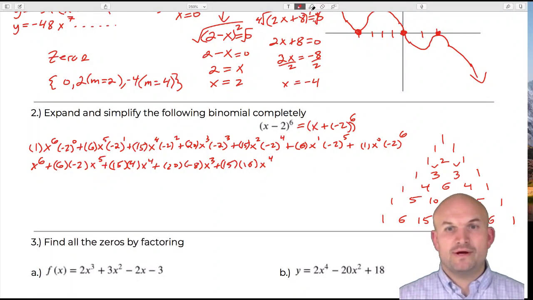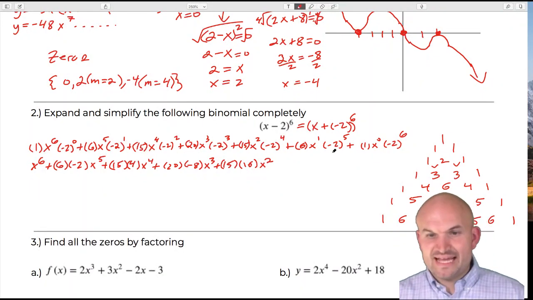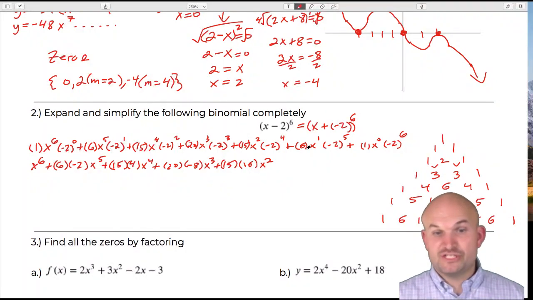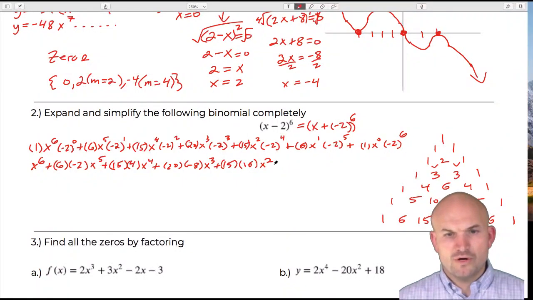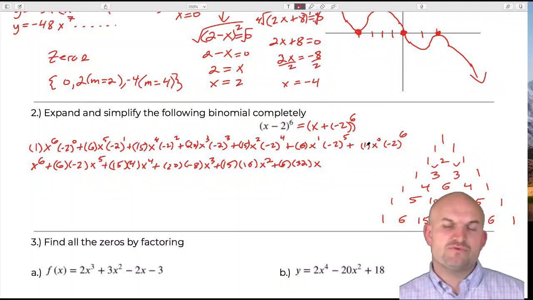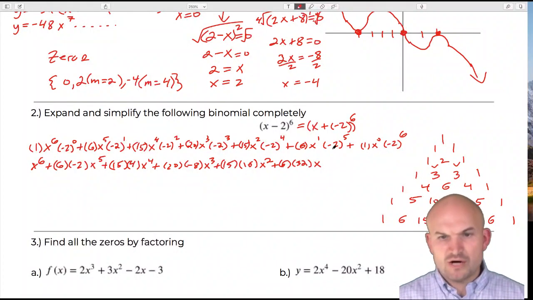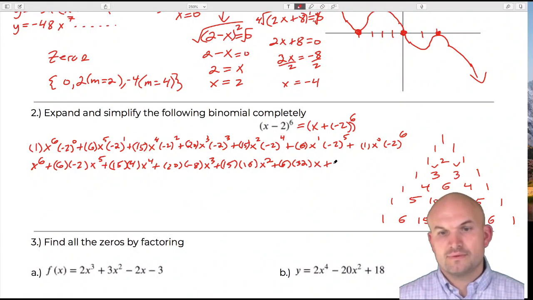That's supposed to be an x squared. Okay. Then we have -2 to the 5th, which is going to be 32. So we'll have 6 times 32 times x to the 1st. And then we'll have x to the 0 is 1 times -2 to the 6th power, which will be 64.